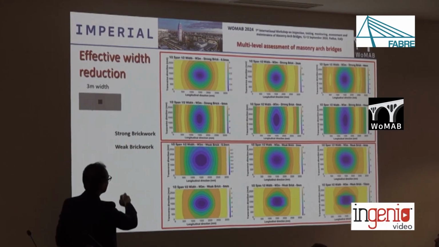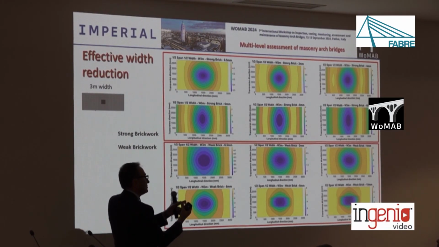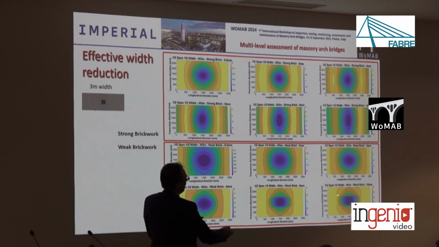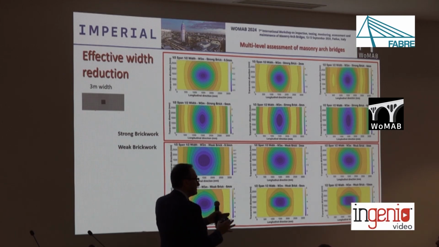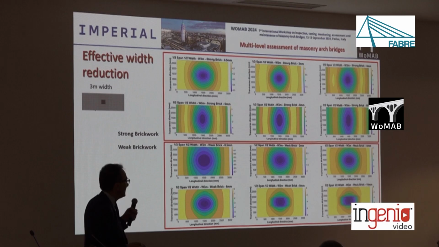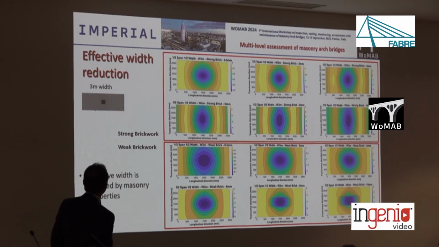But if you consider weak brickwork, you see how we localize the deformation, because we form a narrow strip, right? And obviously this strip indicates the failure mechanism. So if one considers a 2D model with assumed effective width, it may lead to unconservative predictions.